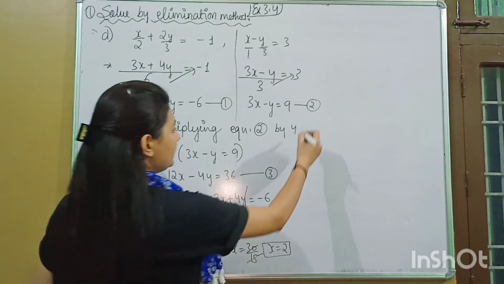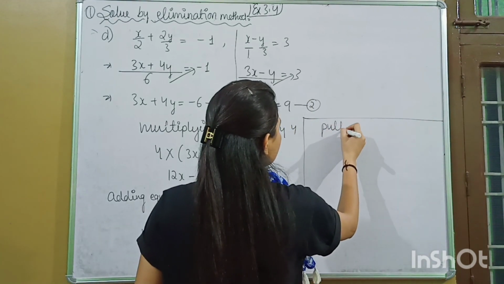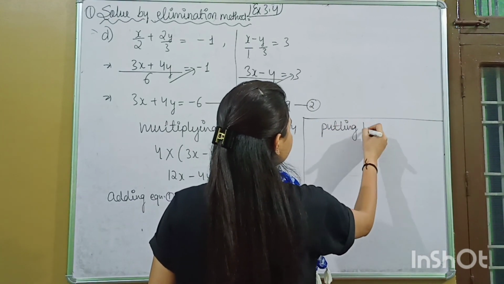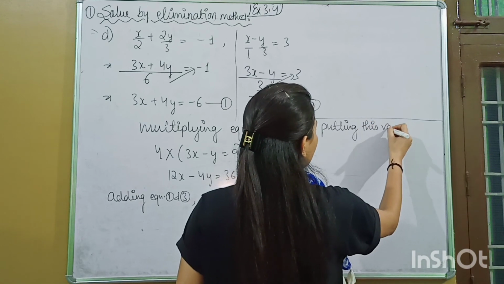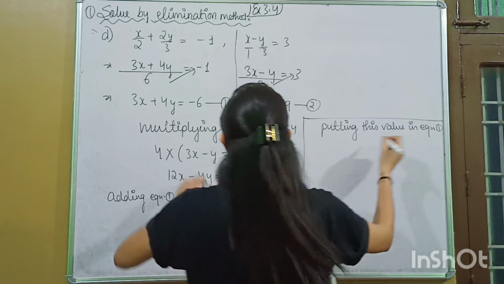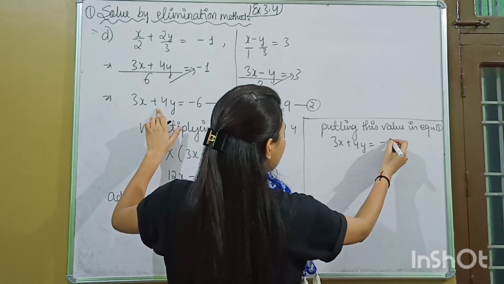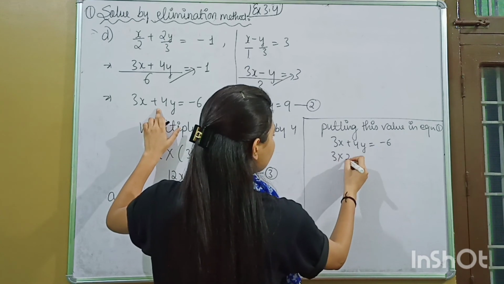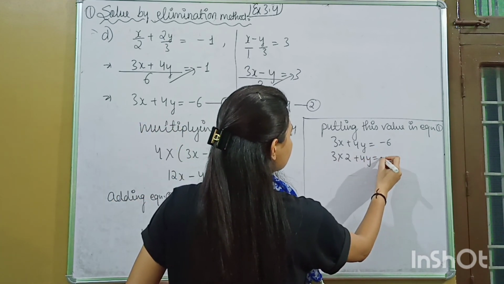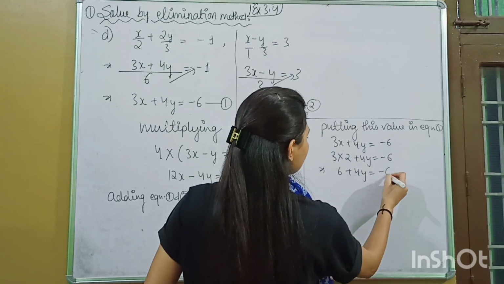Now we will put this value in equation 1 and we will get the value of y also. So putting this value in equation 1, equation 1 is 3x plus 4y equals minus 6. That is 3 into 2 plus 4y equals minus 6. That is 6 plus 4y equals minus 6.